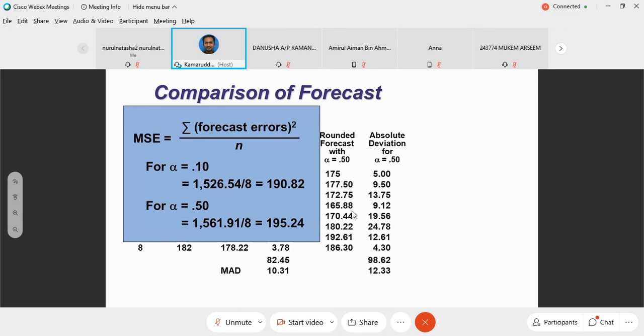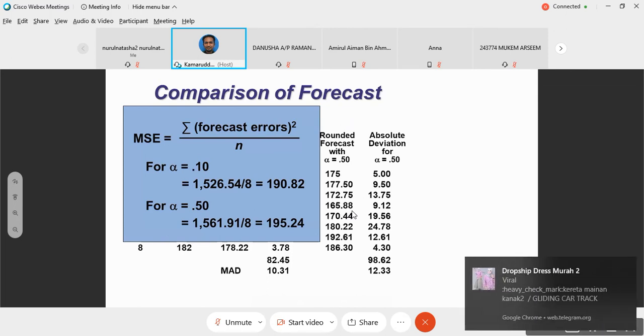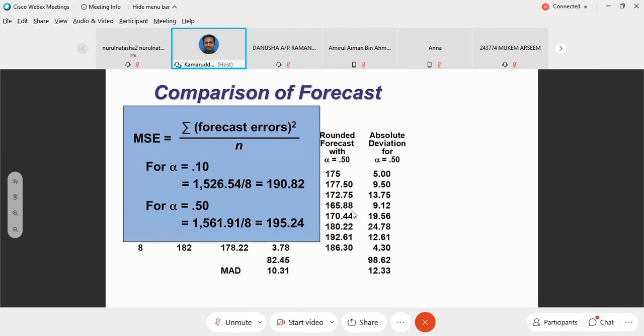So based on this finding also, we choose exponential smoothing with the alpha value 0.1, compared to the forecasting technique with alpha value 0.5, which provides a higher forecast error.